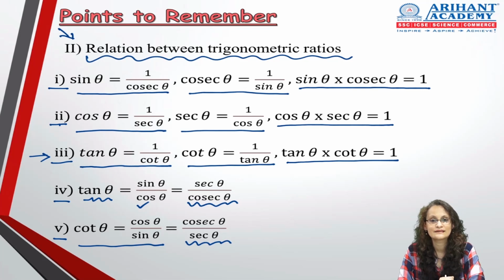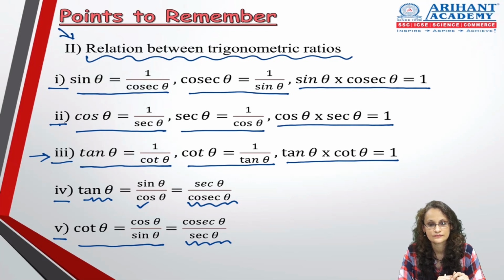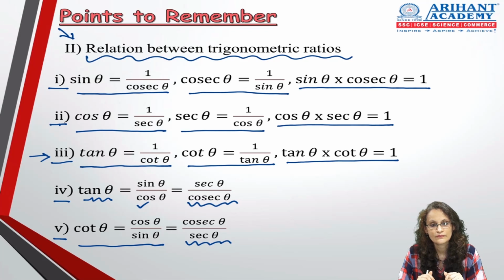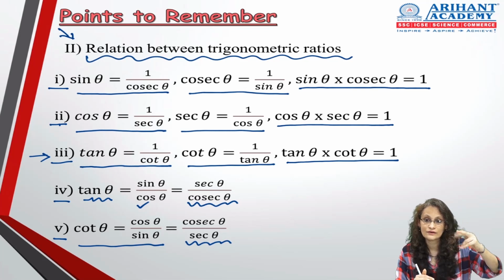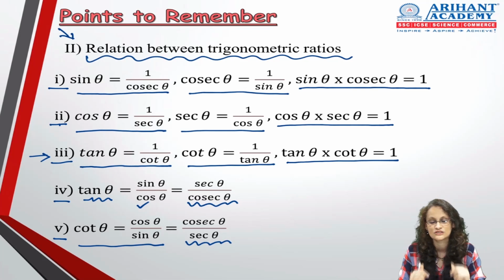And the third tells me that tan and cot are reciprocals of each other. ठीक है? फोर्थ फार्मूला टेल्स मी अगर मुझे tan ढूंढना है तो मुझे sin को cos से डिवाइड करना पड़ेगा, मुझे tan मिल जाएगा. एंड अगर मुझे cot चाहिए तो tan and cot are reciprocals, तो सेम वे मैं कॉस को साइन से डिवाइड करूँगी, मुझे कॉट मिल जाएगा. इज दिस क्लियर? लेट्स मूव अहेड.